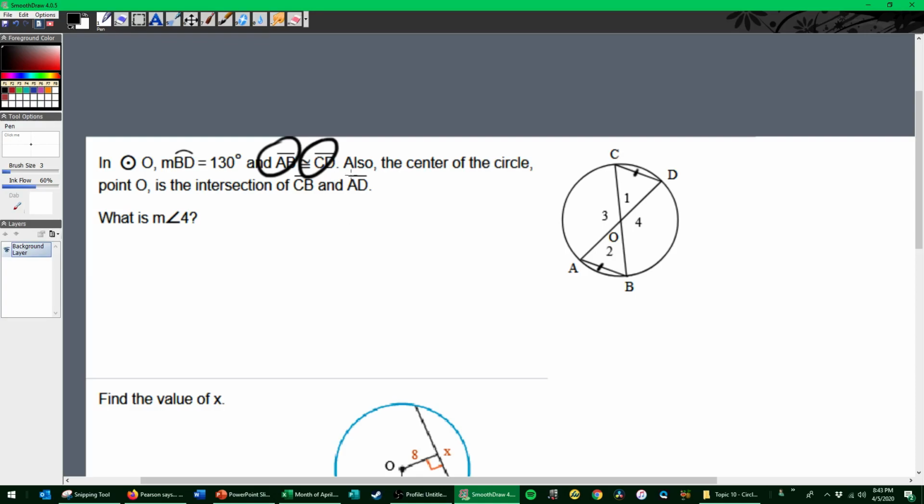Also, the center of the circle, point O, is the intersection of CB and AD. So both lines cross at the center of the circle. Now we know arc BD is 130 degrees. What is the measure of angle 4?